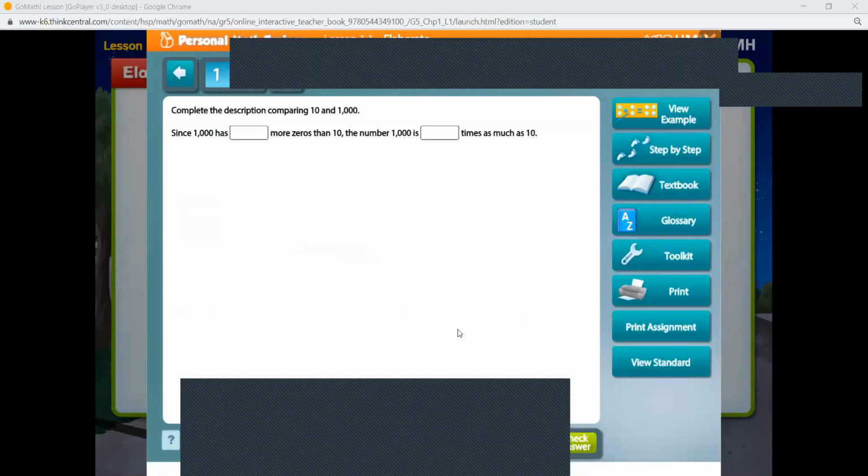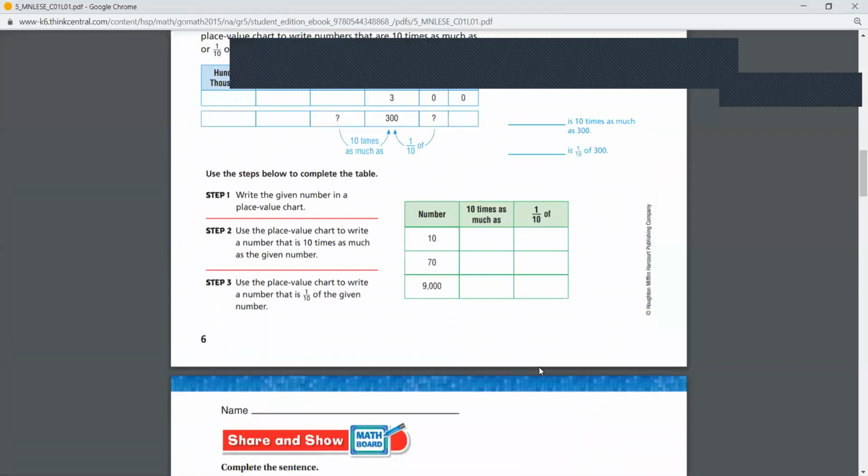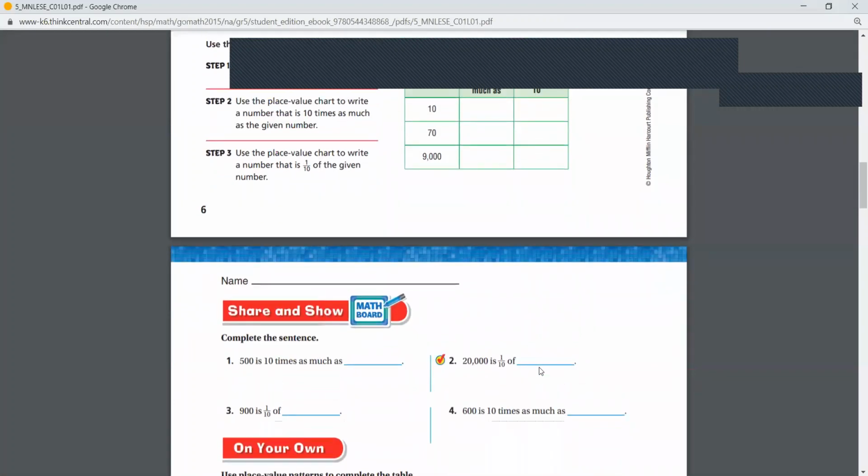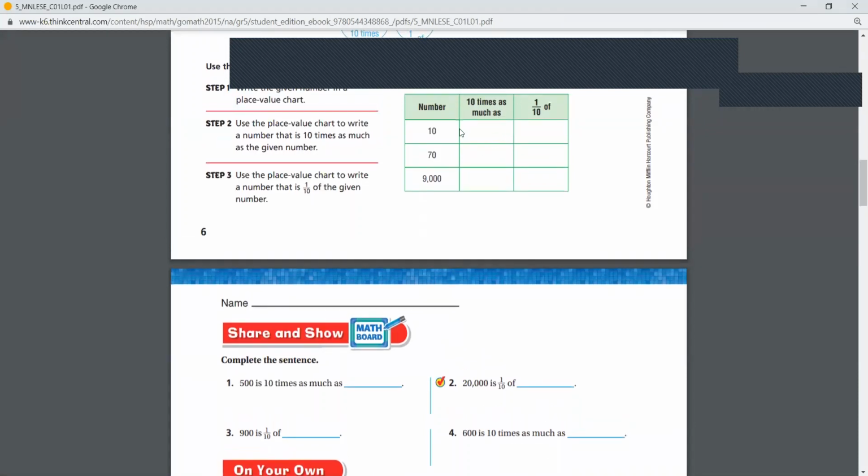I will just share. You need to see this. Can you see something here? Now, I will ask you. I think yesterday we have stopped here. Like if I say 10 times, so what are you going to do? You have to increase the number.